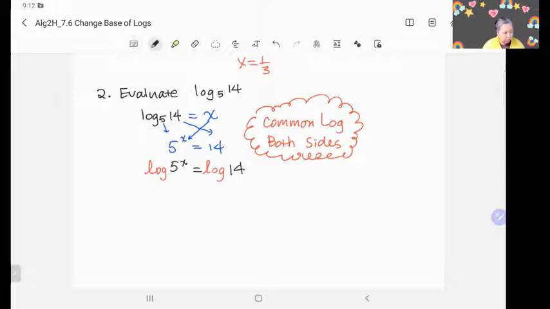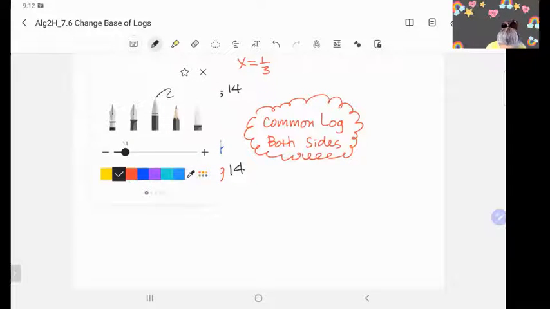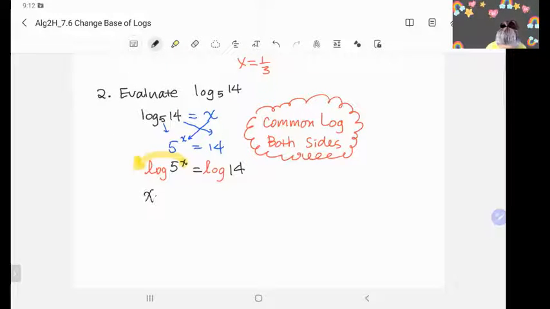Then notice we can do the power rule, the power property of log, in the first one. So now we do this, right? Then it's going to be x times common log of 5 is log of 14.